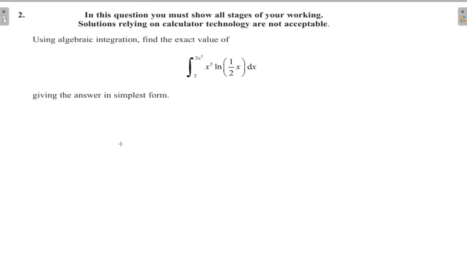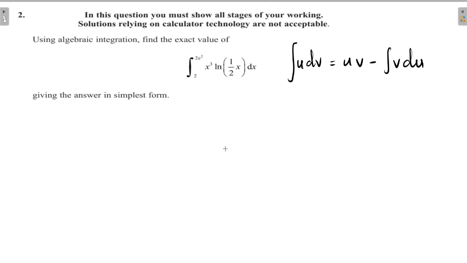Question number 2. Using algebraic integration, find the exact value of this integration. The function is given as the product of two functions. So we know the integration by parts, that is integral u dv is equal to uv minus integral v du.